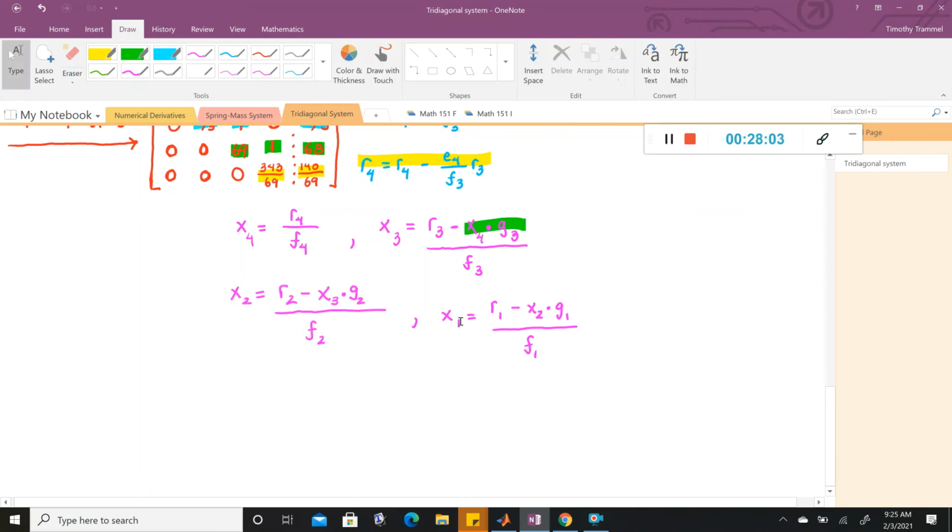Okay. So let's start off with maybe the easy part, all the things where the indexes match. If you're doing x2, it's r2, g2, f2. And if it's x3, it's r3, g3, f3. Let's maybe put those in there.